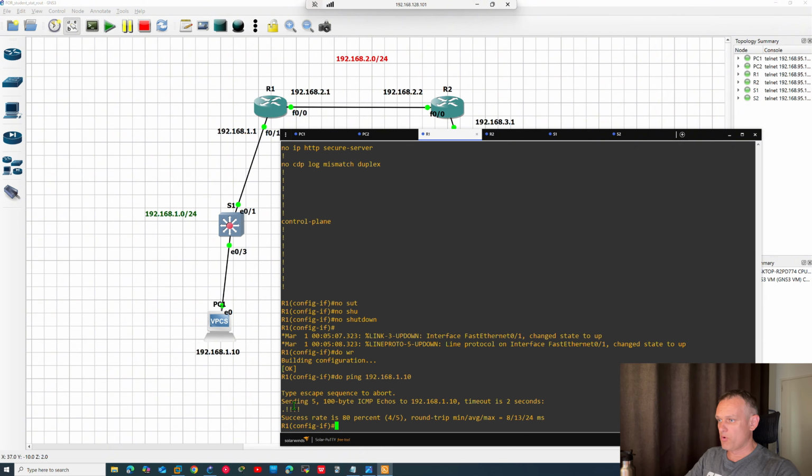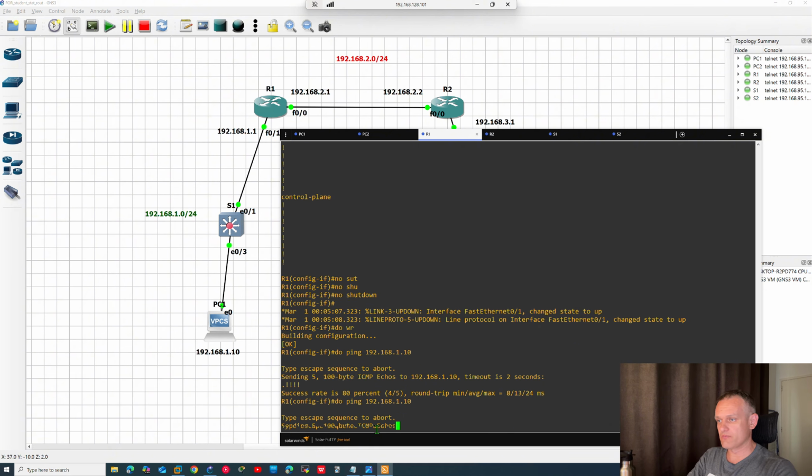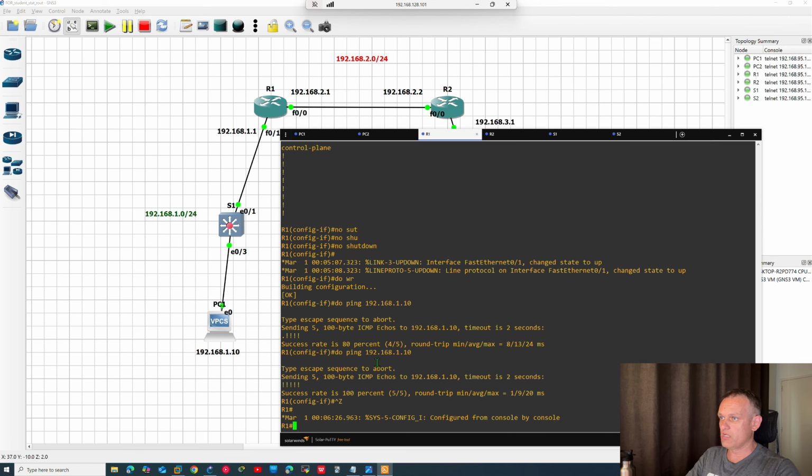Type escape sequence to abort, sending 5 byte ICMP echoes, timeout is 2 seconds. You can see the first one, when you do this for the first time, is a dot, unsuccessful, from these 5 sent ICMP packets, but then the other 4 are successful. 4 of 5 successful, 80%. The second time it's gonna be all successful. Okay, we have this connection between these two nodes.